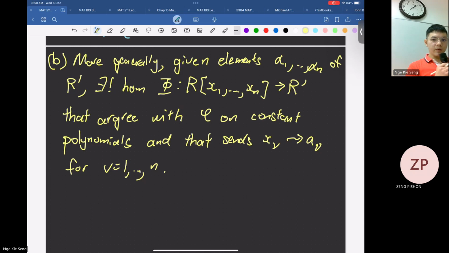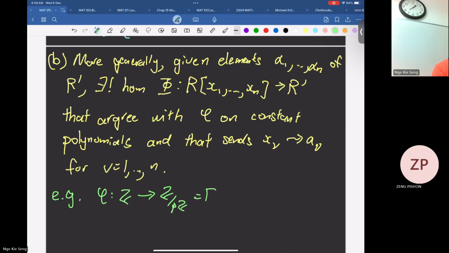Okay, so let's look at some example here. We have learned some ring maps, right? So for example, take Z to Z mod P, the field with P elements, when P is prime.